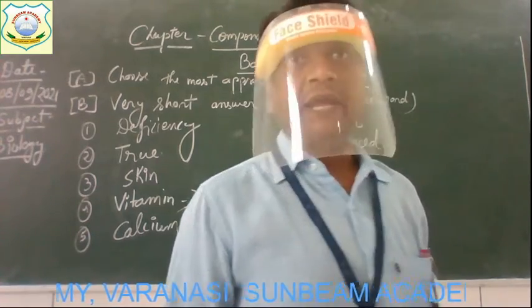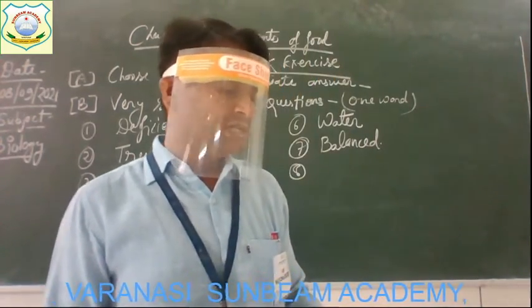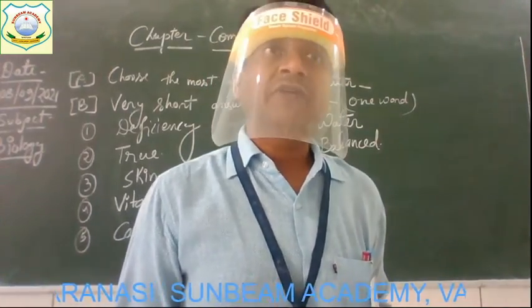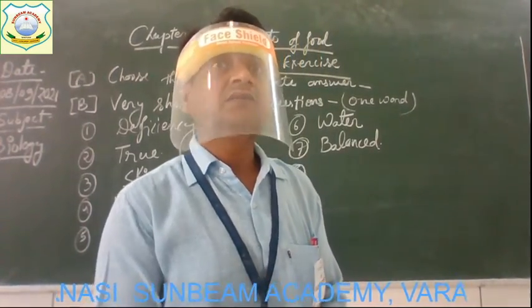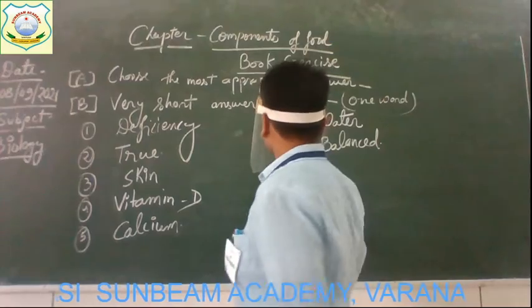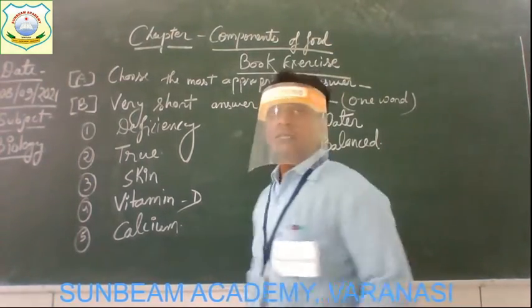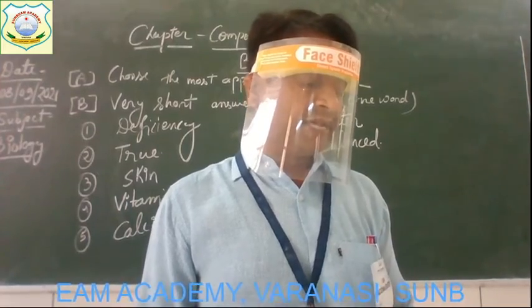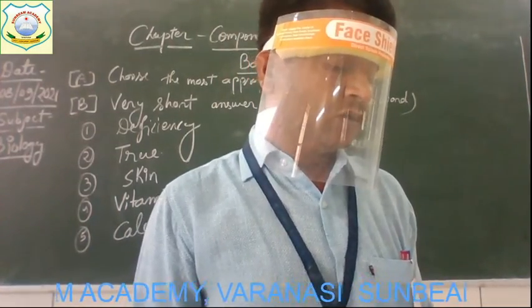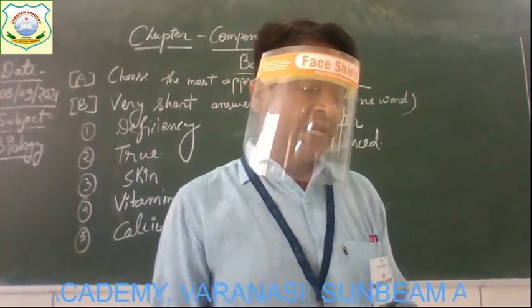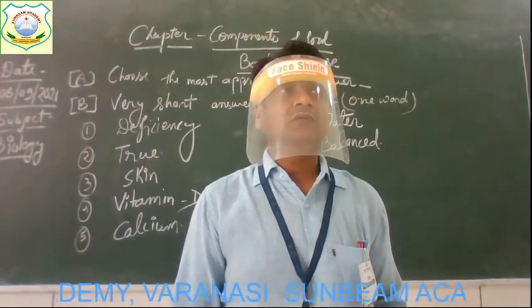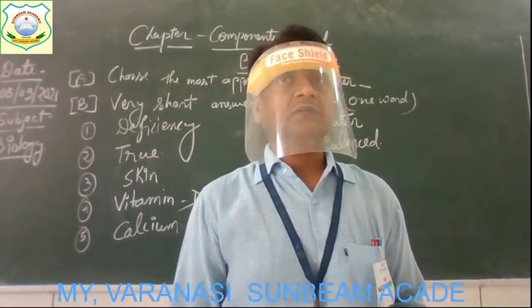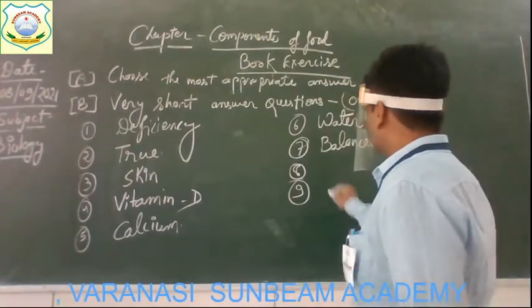So you can say that meat does not contain roughage. Is it true or false? True. Yes. Now, the 9th one. Fiber cannot be digested by the body, so it is better to eliminate it from food. True or false? The statement is false.